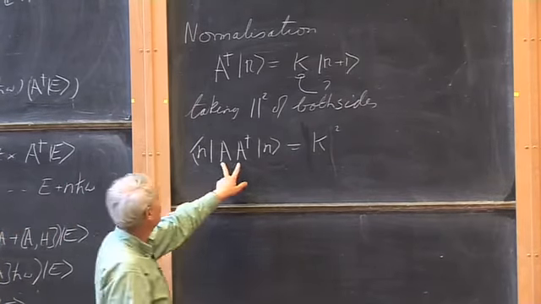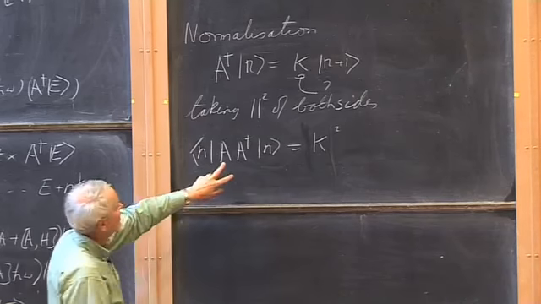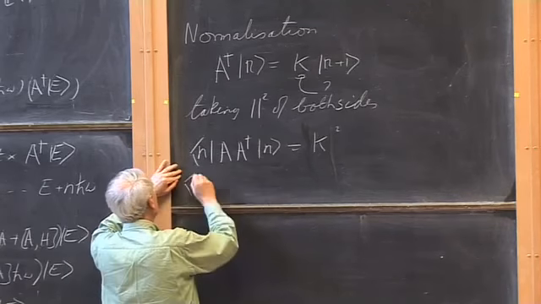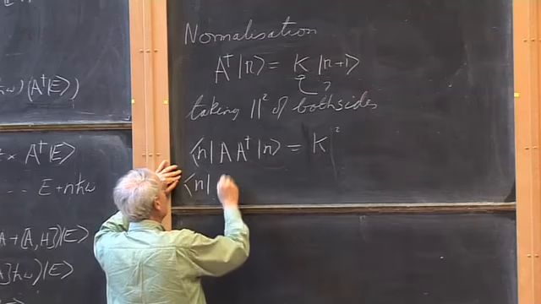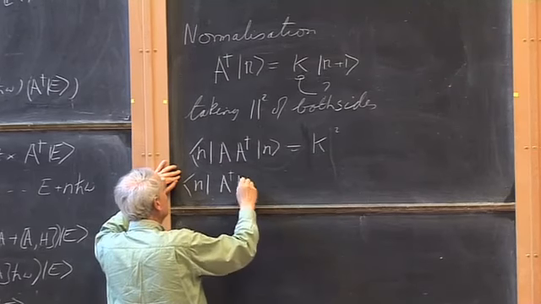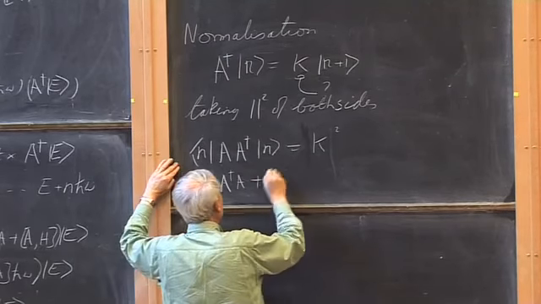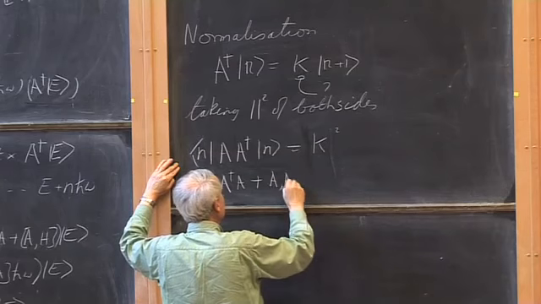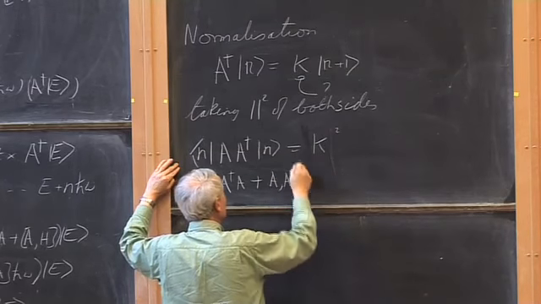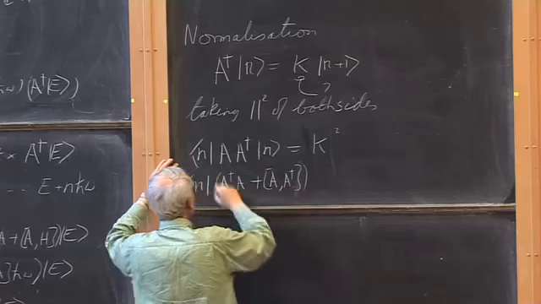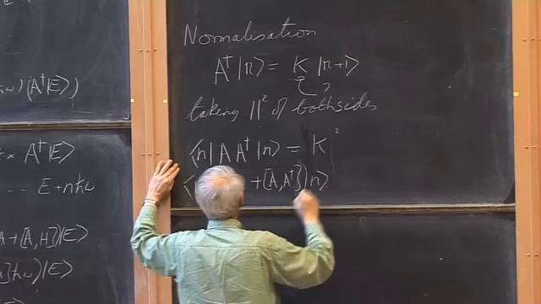And let's ask ourselves what this is. If I swap this over, I want to swap this over because then I can relate it to the Hamiltonian. Then I have to add on a commutator of A, A dagger. So that's that rewritten.